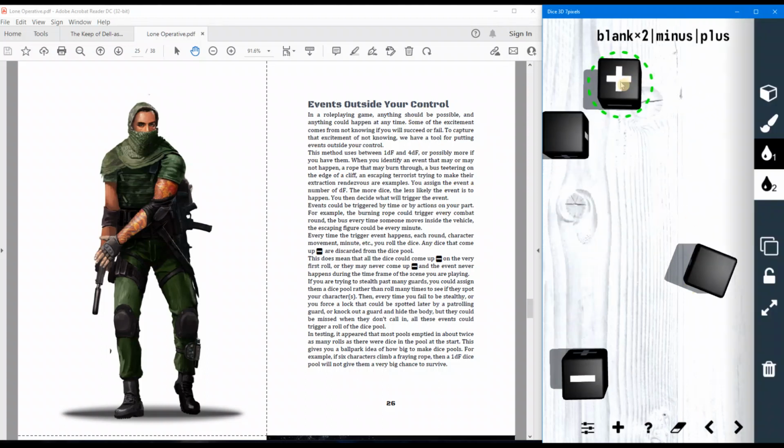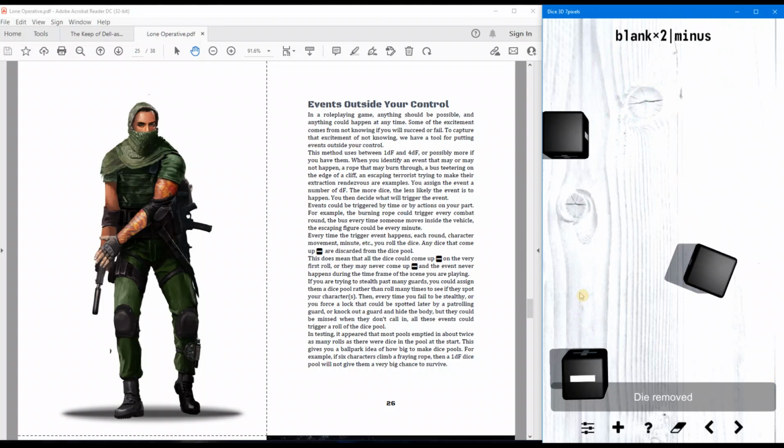When you roll them, you discard anything that comes up with a plus. In this case, the first time, climbing the gantry, it's kind of rickety, I've discarded 1 dice. Now you decide what is going to trigger the event. It could be each combat round, it could be per minute, any interval you think is right.